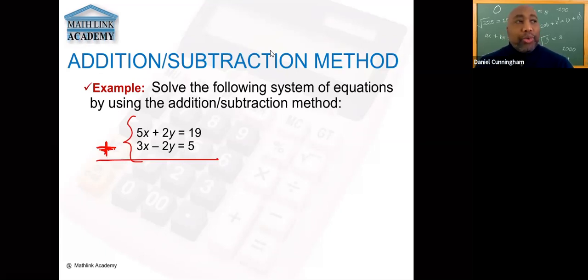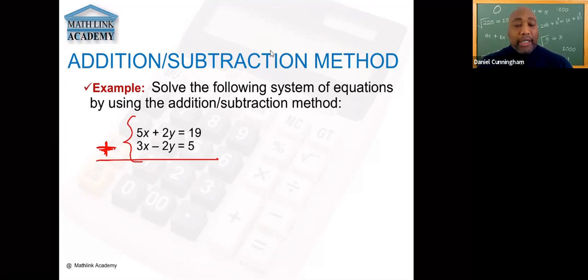And what you want to do when you use the addition method is get rid of one of the variables. Sometimes you can decide which one, or sometimes you may see which one may be easier to get rid of. And when I add these two equations, make sure that your x's and your y's and your numbers are all lined up.